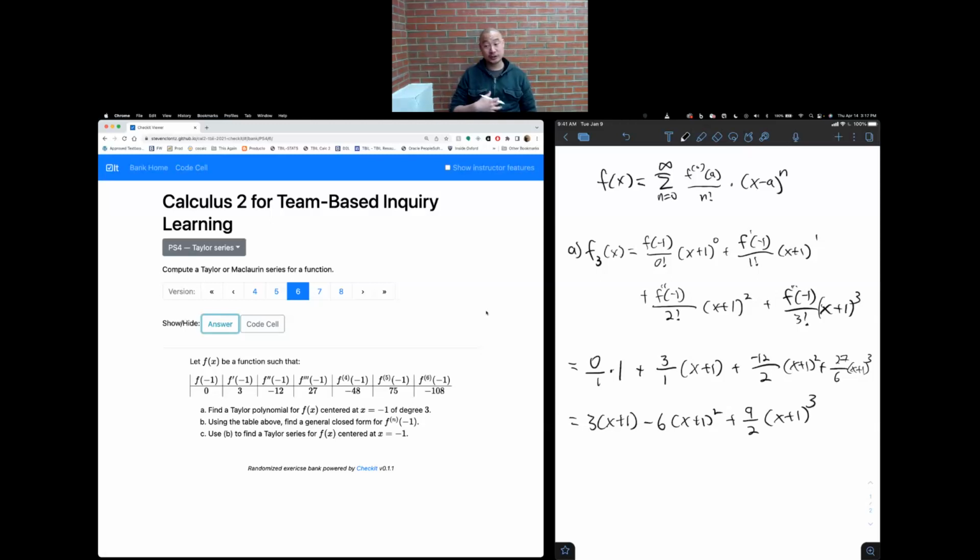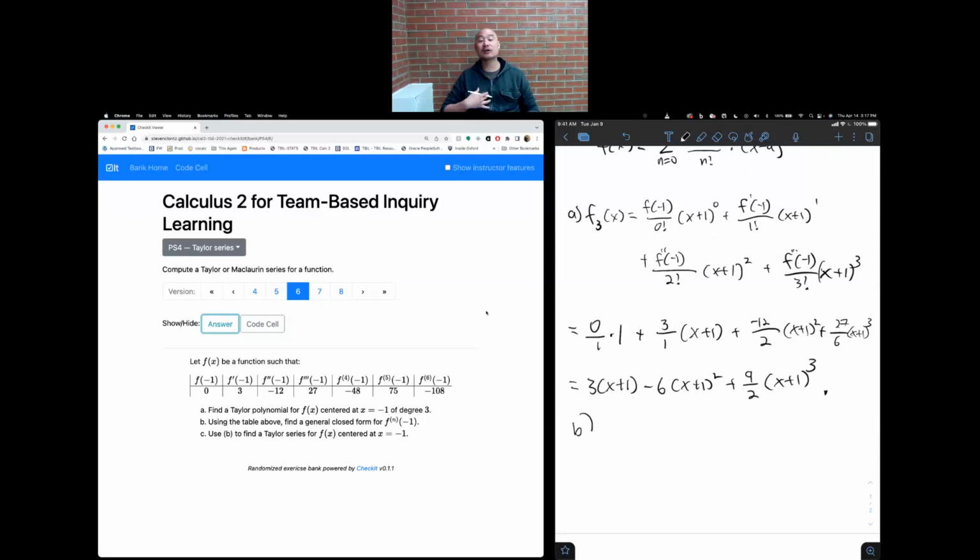Now, of course, one could totally expand all of these things, distribute the coefficients, and recombine for a more standard form of a cubic, but this is a perfectly good polynomial. So I consider this to be done.